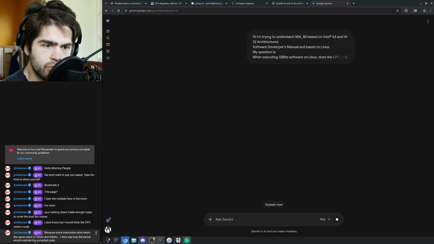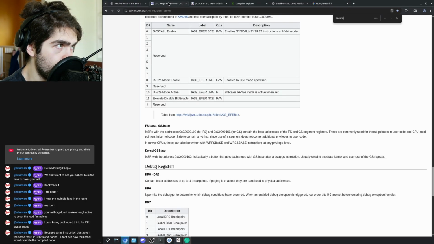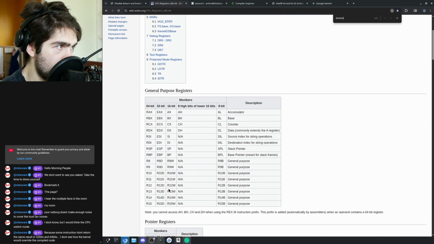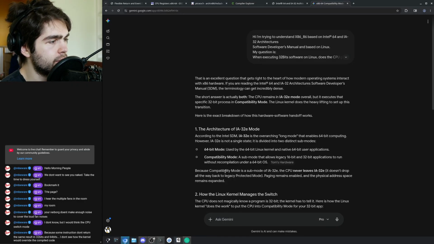Because some instructions don't return the same result in 32 bits and 64 bits, so I don't see how the kernel would override the compiled code. Well, I'm assuming that the compiled code would use the register names like in 32-bit, so somehow it would know. Oh, maybe not.